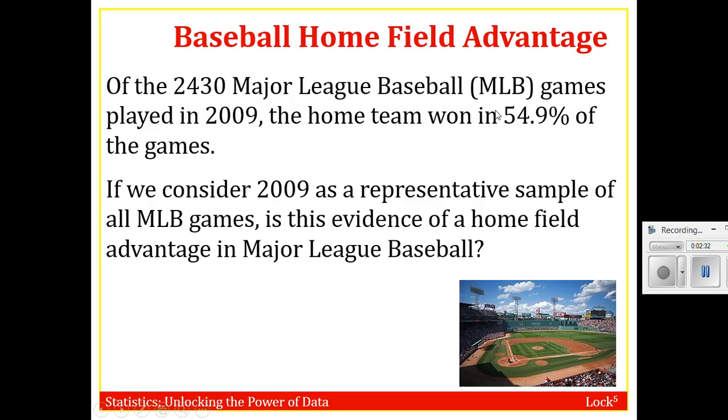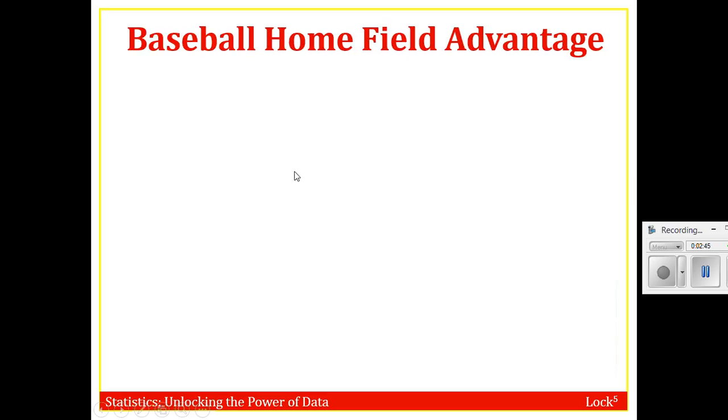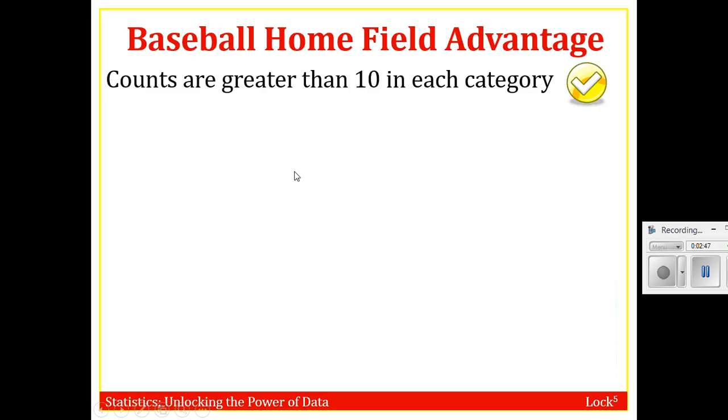Or you can realize that if you take about 55% of this, it's a lot greater than 10. And if you would take 45% of this, it's a lot greater than 10. So you can consider both of those ways. So we get both of them are greater than 10. So that means we can go ahead and use our idea of normal.